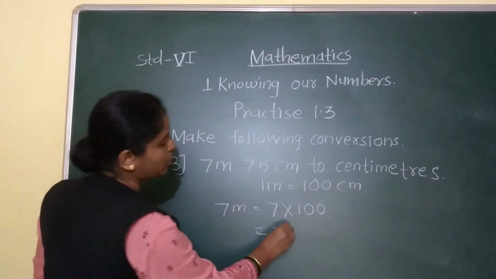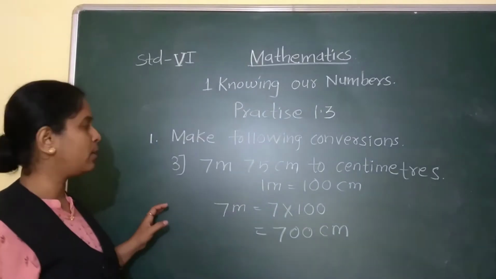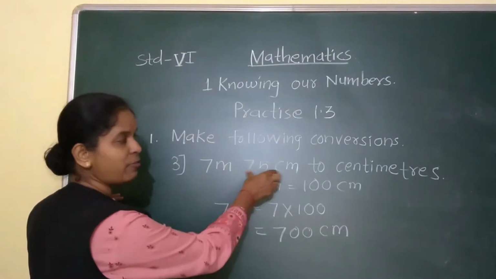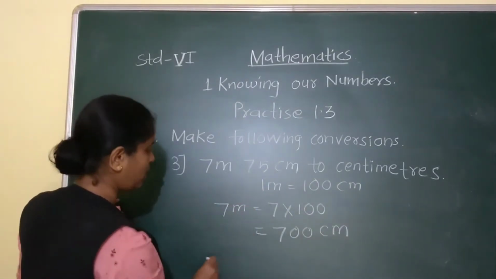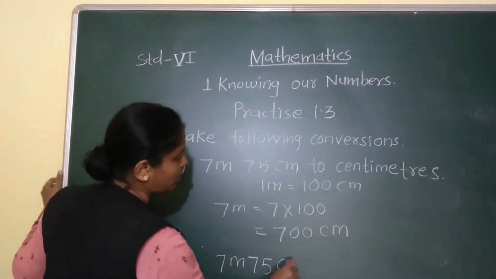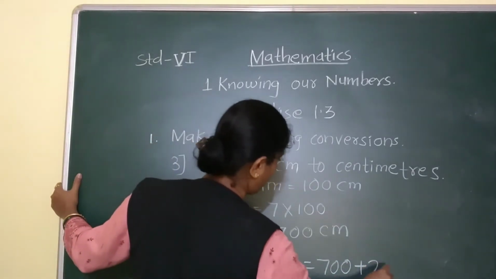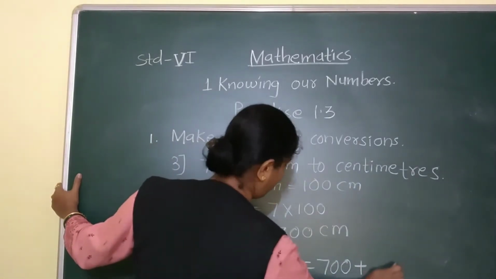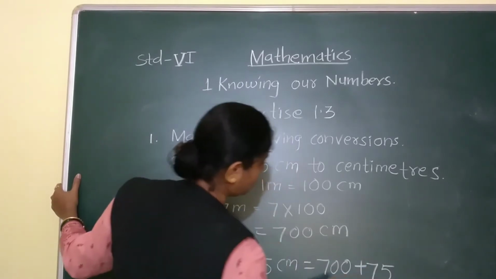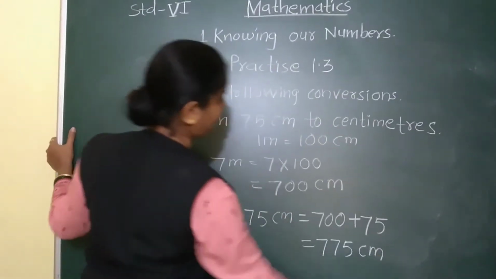So 7 meter is equal to 700 centimeters. And these 75 centimeters we have to add. Therefore, 7 meter 75 centimeter is equal to 700 plus 75, that is 775 centimeters.